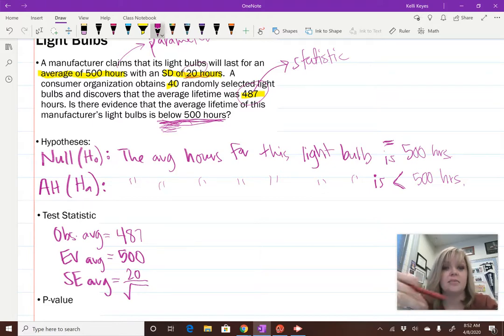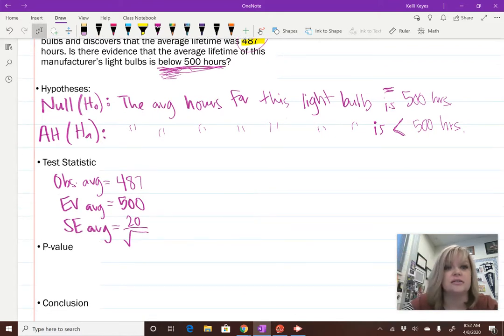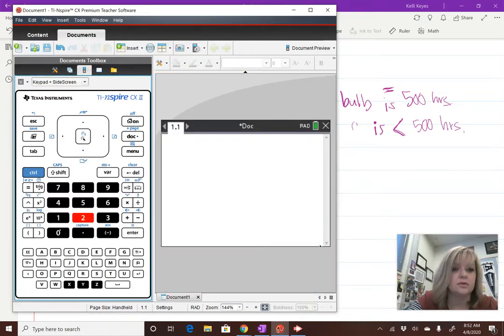When we take a sample of 40, the standard error is going to change, because we take the SD of one light bulb and divide it by the square root of our sample size. So 20 divided by, oh my goodness. Sorry.